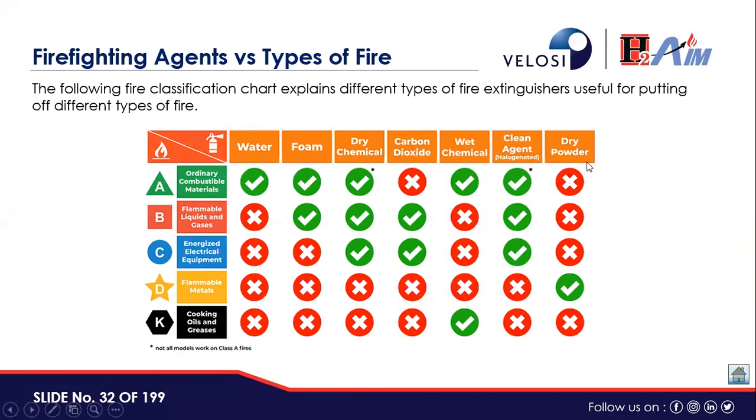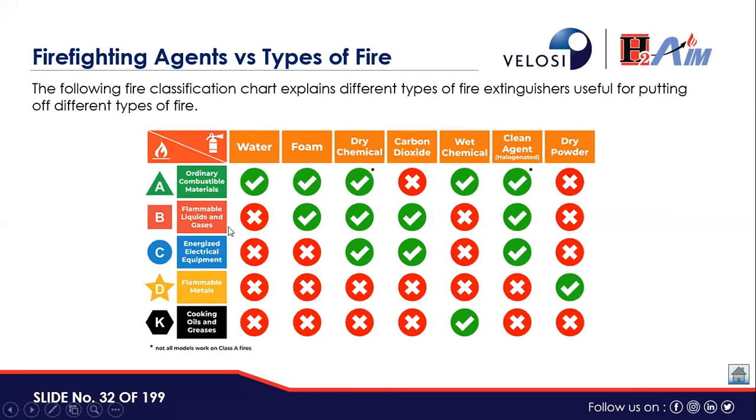For electrical fires, the only agents which are more effective are dry chemical, carbon dioxide, and clean agent, three in total. Whereas for cooking oil, only wet chemicals, as part of a fire extinguisher, could be used. For flammable metals, only dry powder is effective.